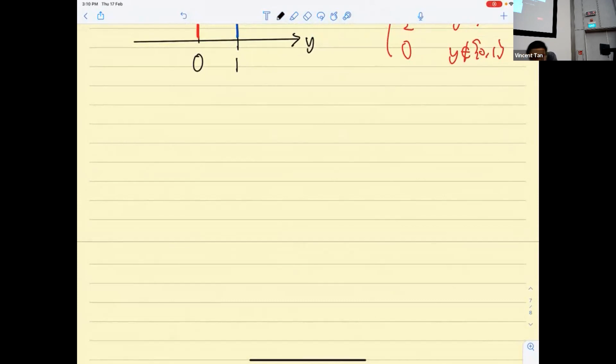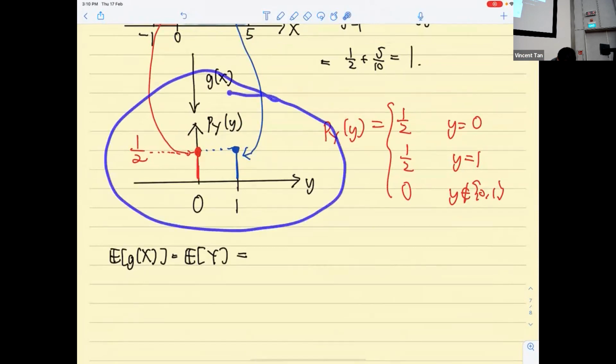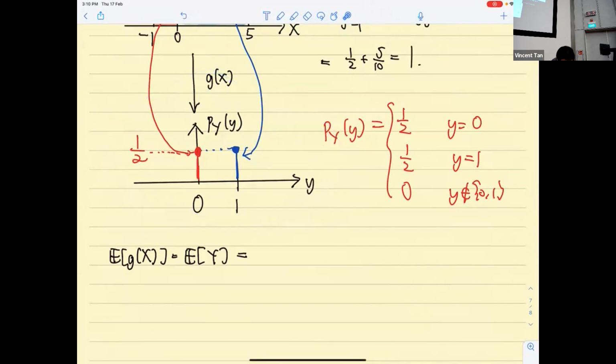Okay. So we can also compute the expected value of the random variable g of x, which is the expected value of the random variable y. Now, as I mentioned many times before, there are two ways to do this. First, you figure out the probability mass function of y. You do some work here, and then you can compute the expectation just by using the discrete expectation formula.